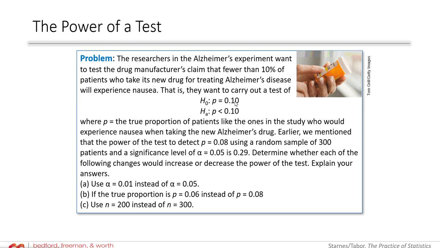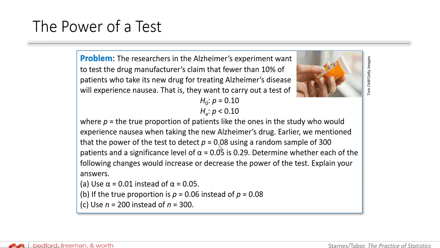So the hypothesized value is 10%. The alpha level is 5%, right? The sample size is 300. And we're saying the power of the test at this population parameter value, so in other words, if HA actually was true.